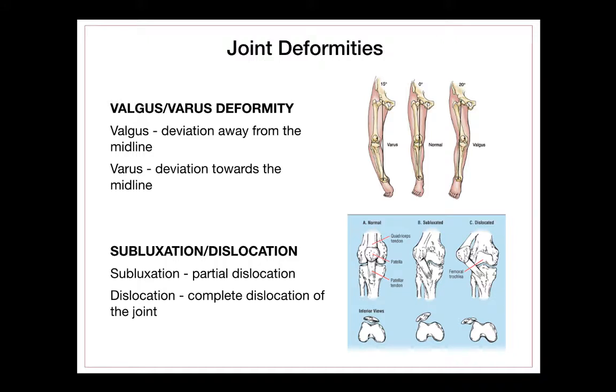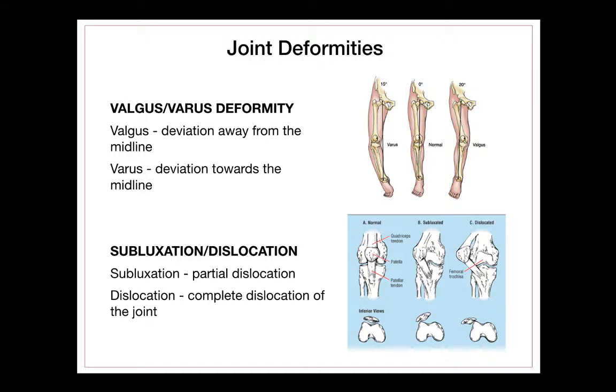I think the important thing to remember with these is that you're looking at the angle from the hip joint. Even though we say it when we're looking at the position of the knee, it's actually at the hip joint where you're looking. So valgus is deviation away from the midline, as you can see up the top where it's got the degrees.